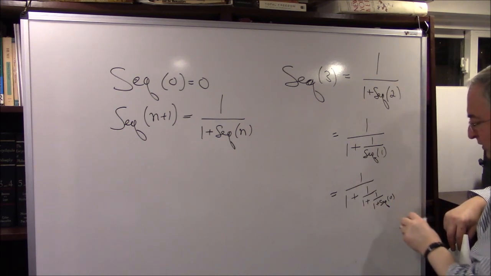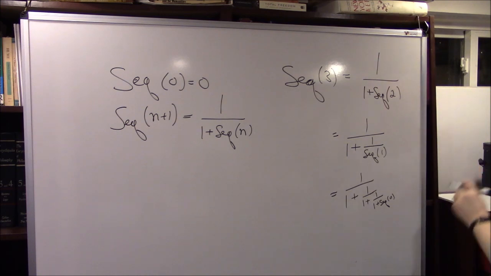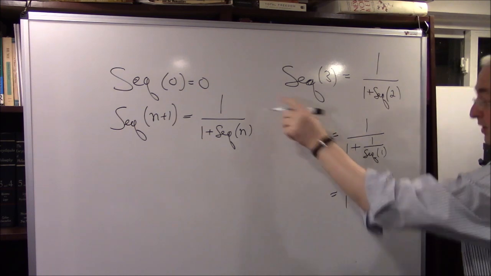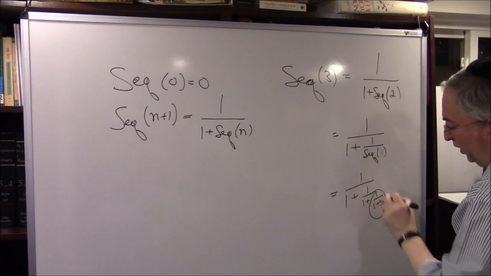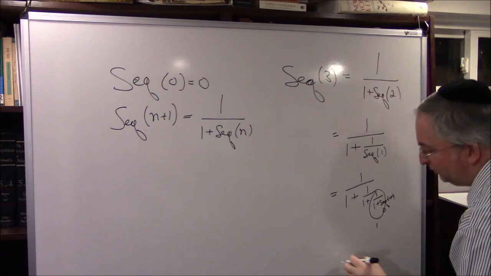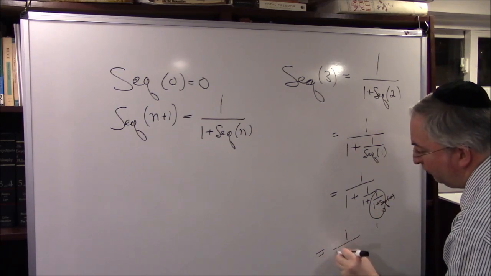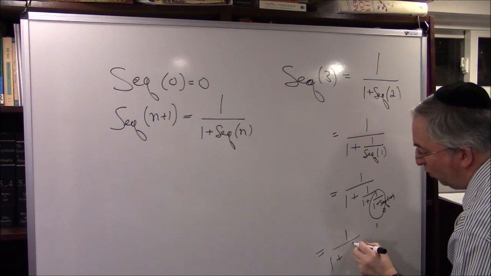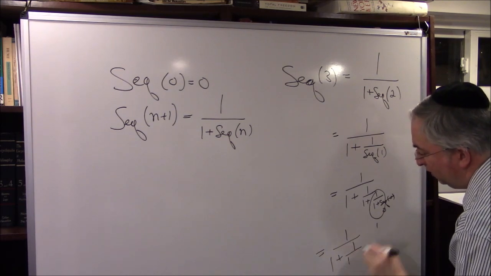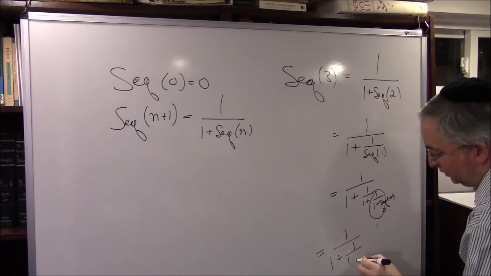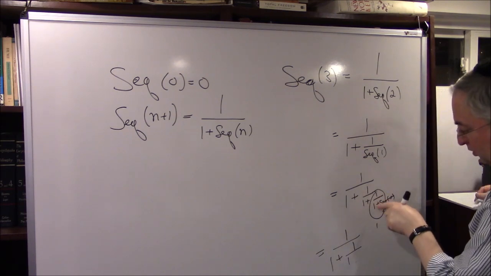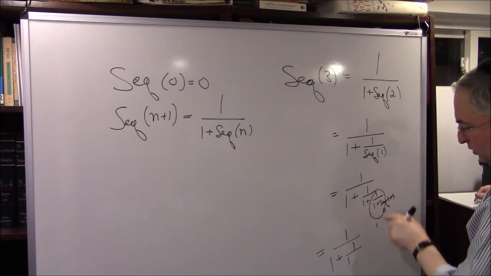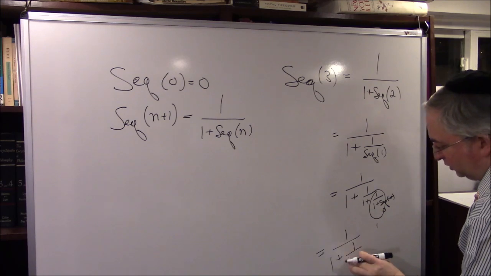So this becomes, okay, this is 0. So this becomes 1. Okay, so now let's do this. This becomes 1 over 1 plus 1 over 1. This whole thing is 1. So 1 plus 0, this is 0. So that's 1. 1 plus 1. So this is 2.